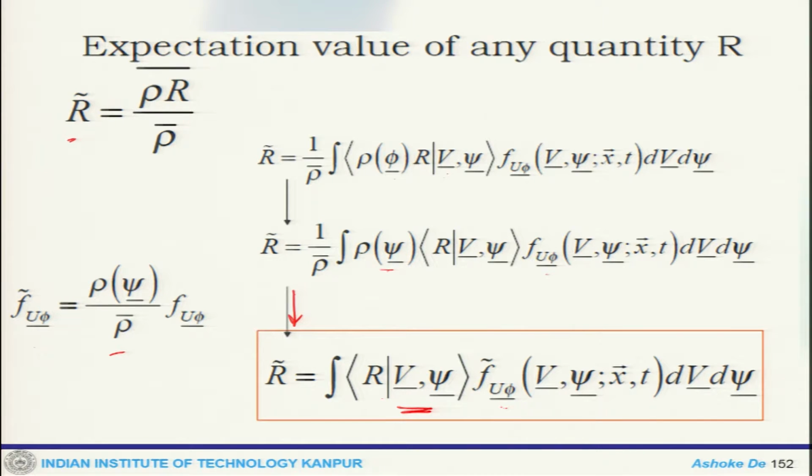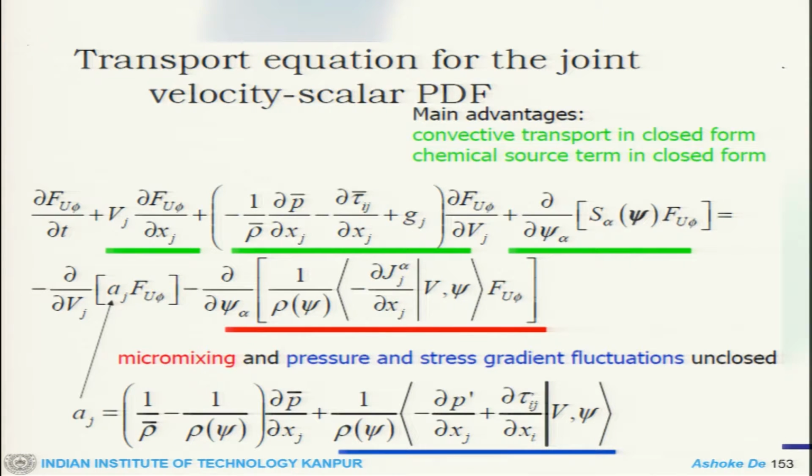Now, the reason we want to see how one can estimate that expected value is so that we can use it. Now, this is a transport equation for the joint velocity scalar PDF. Here, this is the convection term, this is another term, and this is the source term on the right hand side.